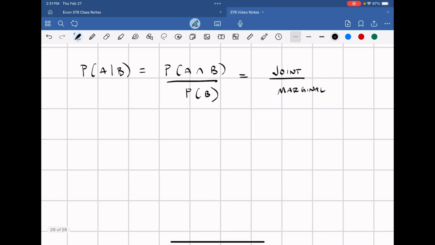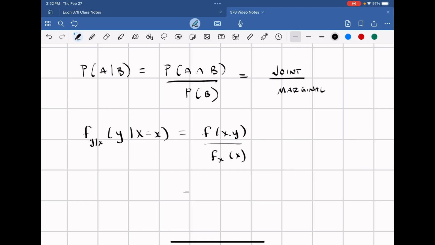So if we want to find the conditional distribution of y given that x is equal to some value of x, this is going to equal f of x, y, the joint distribution, divided by the marginal distribution.